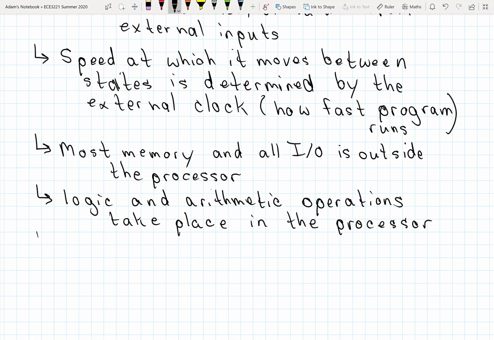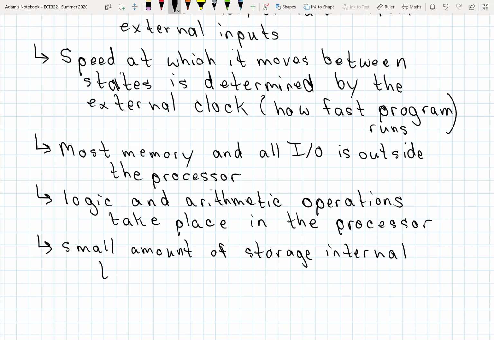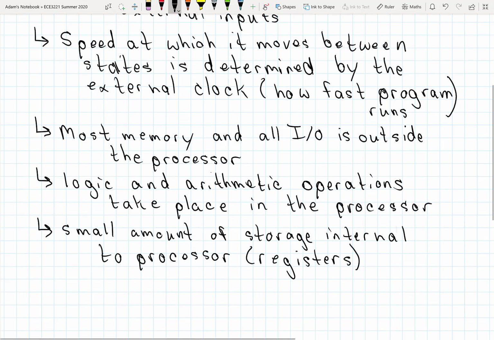Okay, and as we said in reference to the memory above, we have a small amount of storage internal to the processor, which is the registers. Again, there can be cache memory as well, but let's just exclude that from our discussion for now.